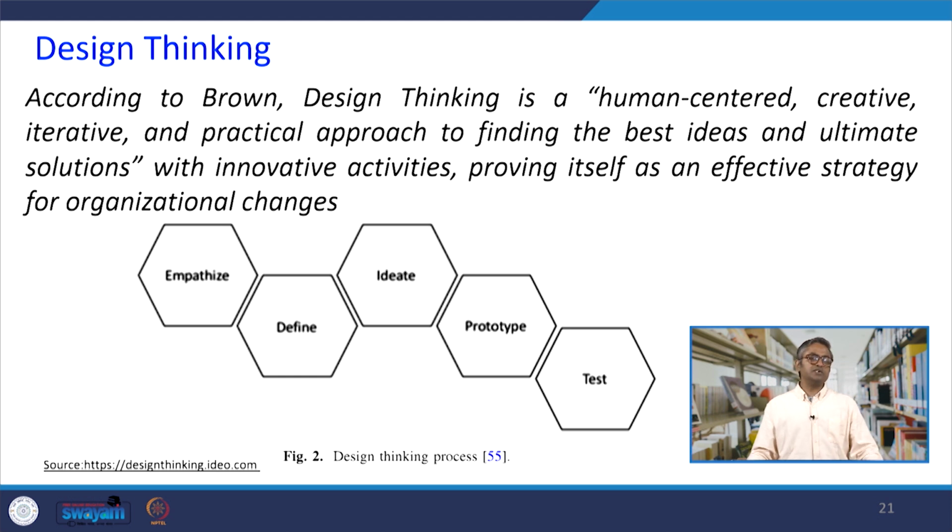Building a prototype does not mean that the design is the best design. So, we do the testing of the prototype. If the prototype passes the test, then we deploy the design in the market. If it fails the test, then it goes back again to the stage of empathize, define, ideate, prototype. And the cycle goes on and on.